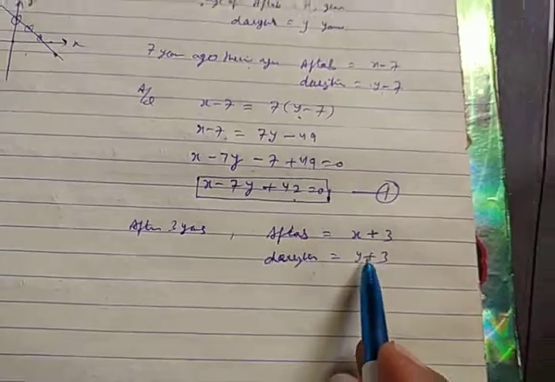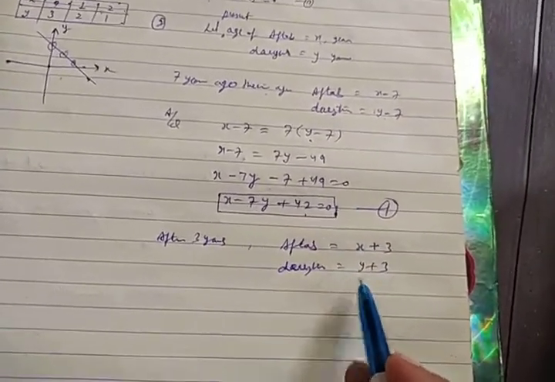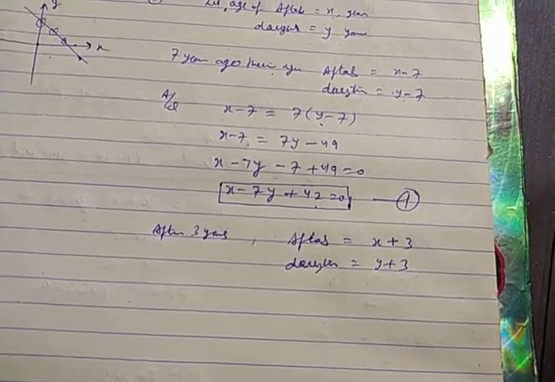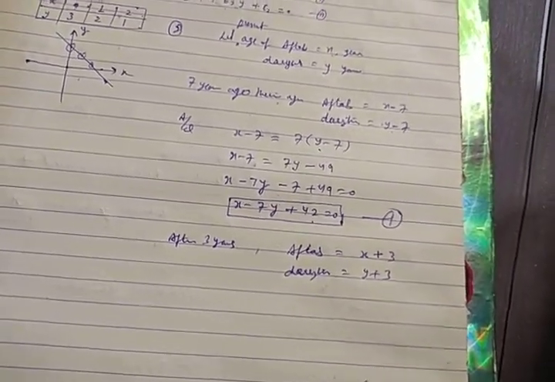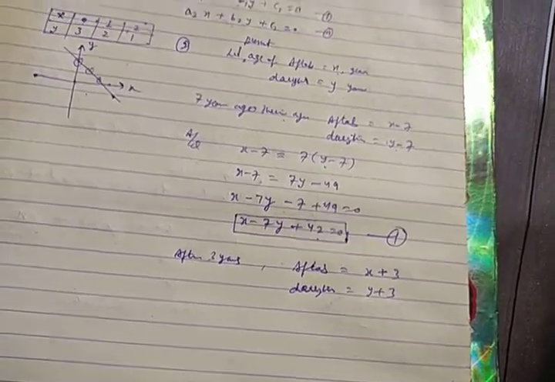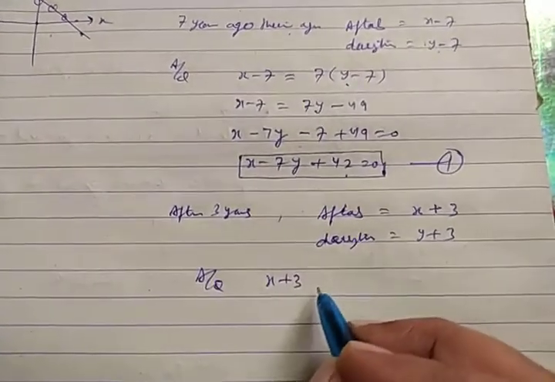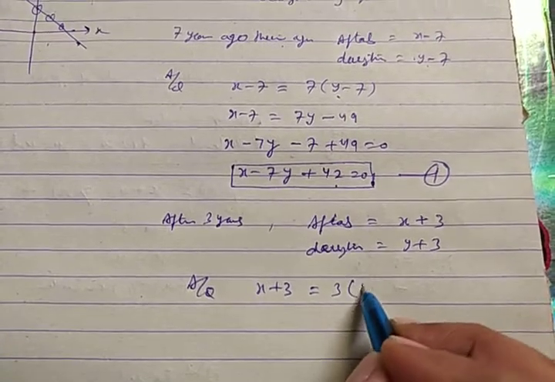Now these will be their ages after 3 years. The condition is saying Aftab will be 3 times as old as the daughter. Then according to the question, x plus 3 is equal to 3 times y plus 3.